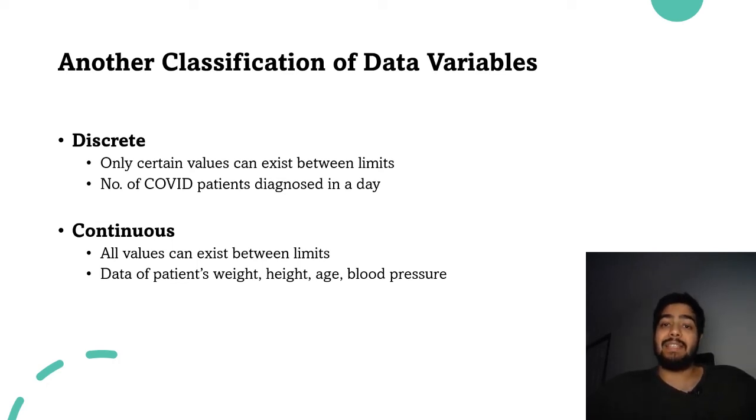Now you can say that the blood pressure machine which you usually use in your clinic shows particular types of values and not all values. This is because the machines are standardized to round off these values, but in reality, all kinds of values can exist between certain limits of blood pressure.